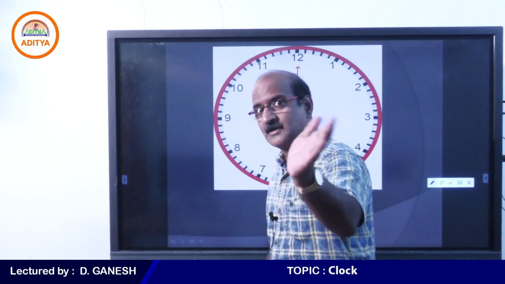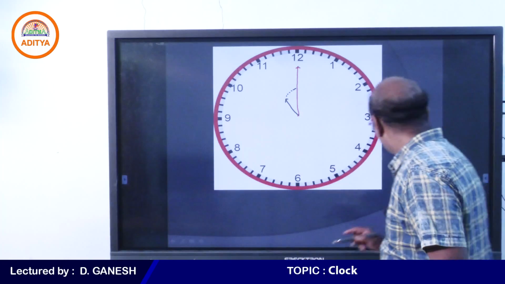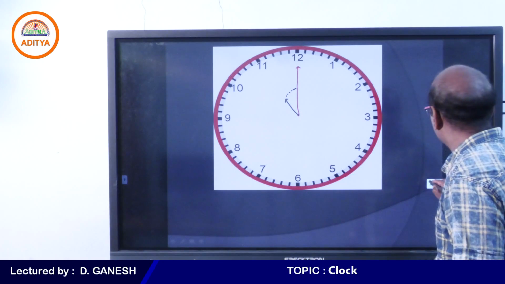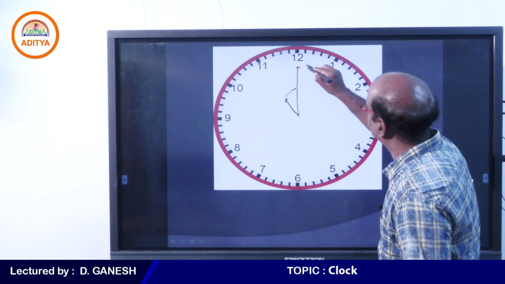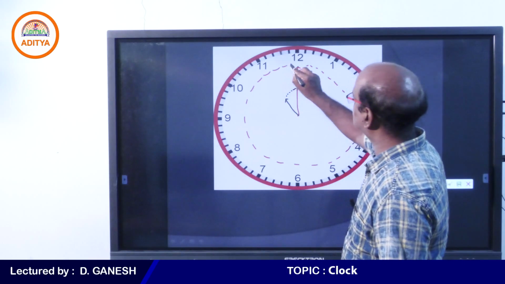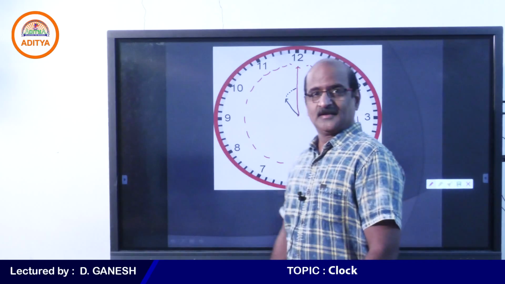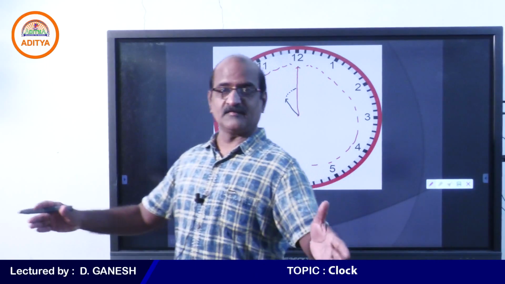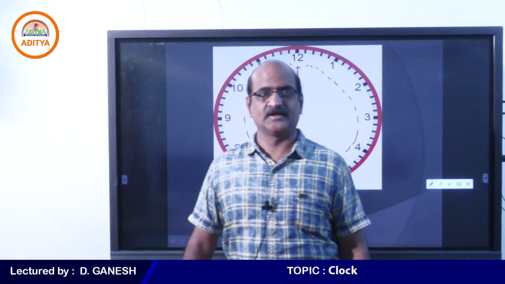It comes to 12 from 11. But the minute hand, you can see, completes 60 divisions in every 1 hour. So that is the momentum of the hands.